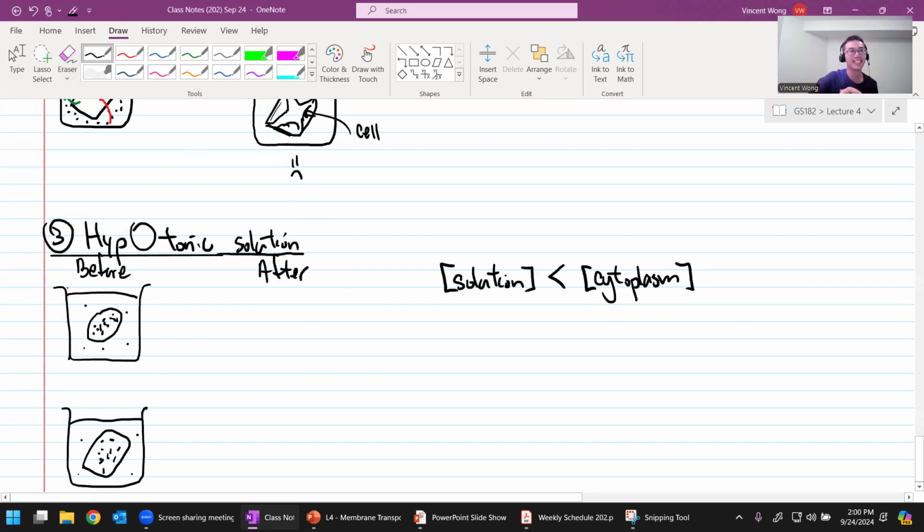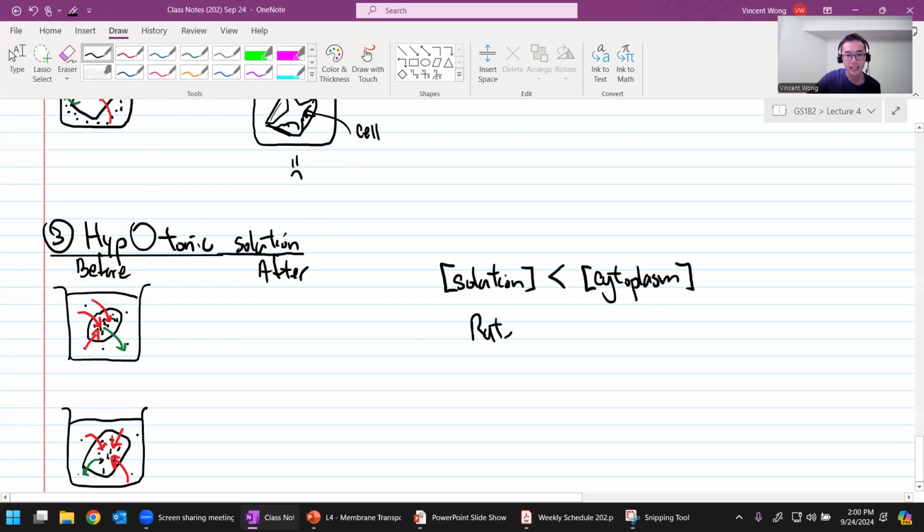Oh, okay. So then the water would be going inside. That's right, because there is more stuff inside. The dots are the stuff. For anyone else who's confused, the dots are the solute, the dots are the salt. So you will have more water coming in to balance out the salt. Some water will still leave, but not a lot.